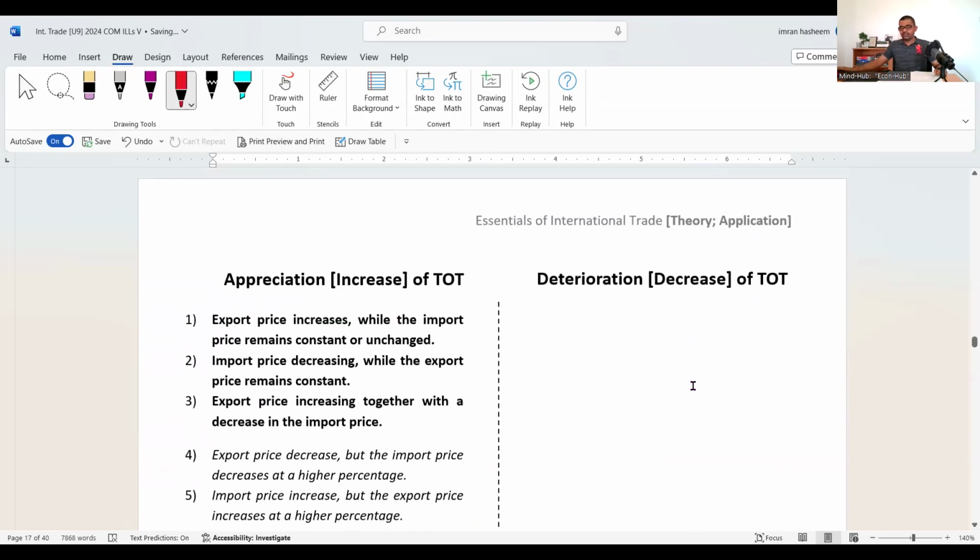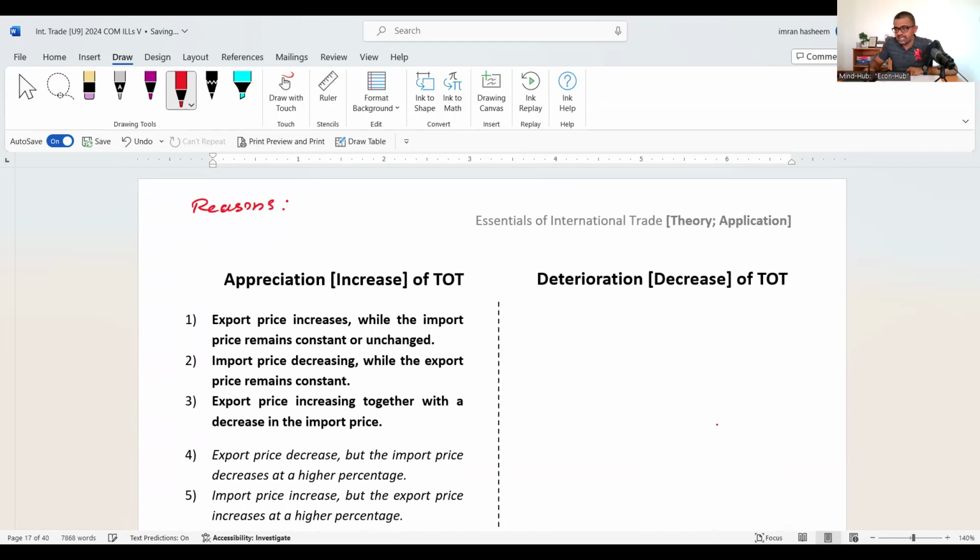Right. Then we come to a very simple area. What would lead to, what are the reasons for, an appreciation and a depreciation of our commodity terms of trade? To easily understand this, these are the reasons.